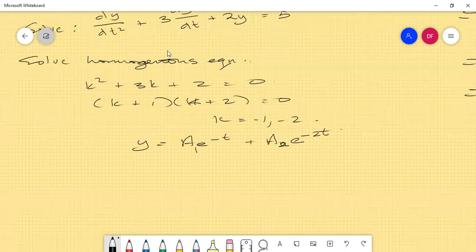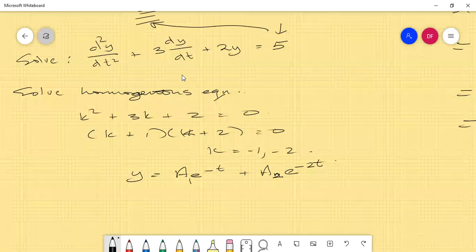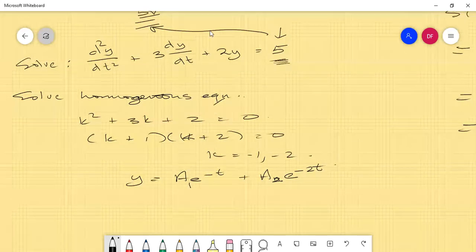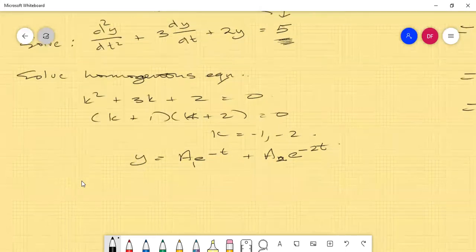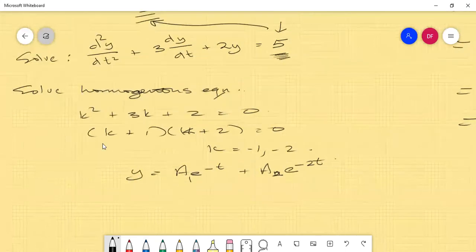So that is the solution to the homogeneous equation. But this equation is not equal to 0. It's equal to 5.